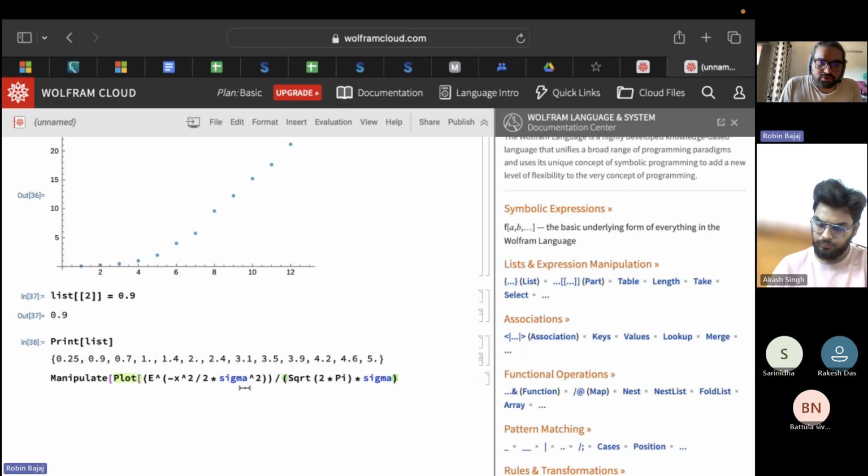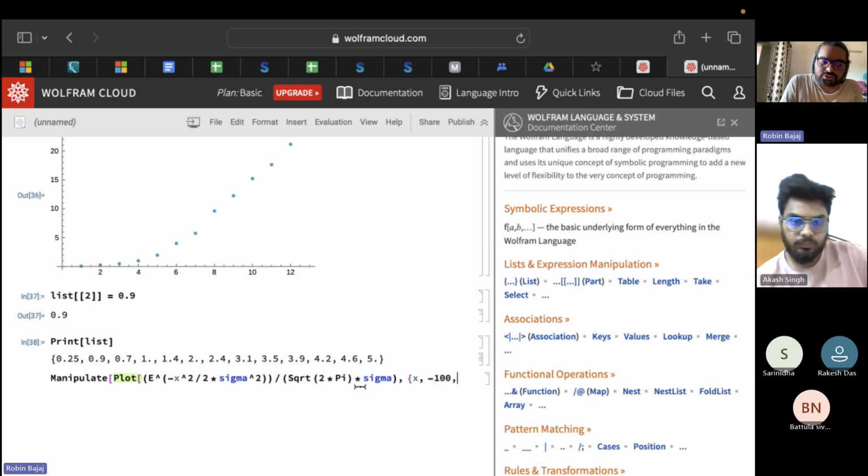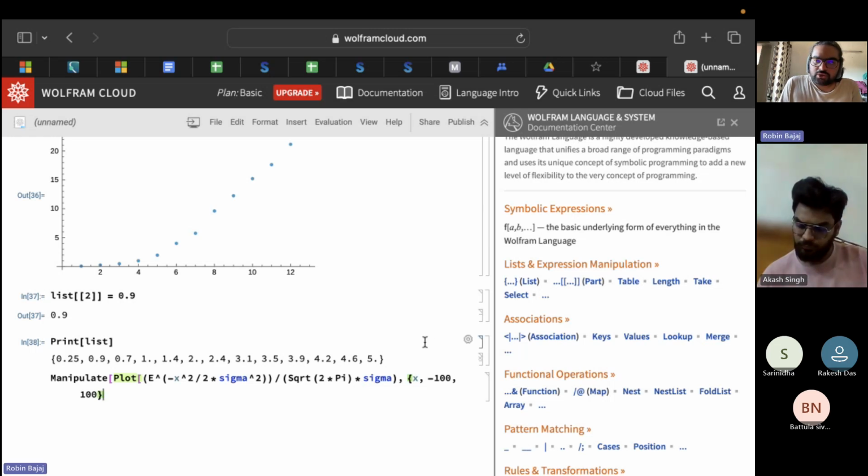Now you want to plot it, first as a function of x for a particular sigma parameter. So x has to come within the Plot command. Let's say I want to plot it from minus 100 to 100. Let's close the Plot function box.